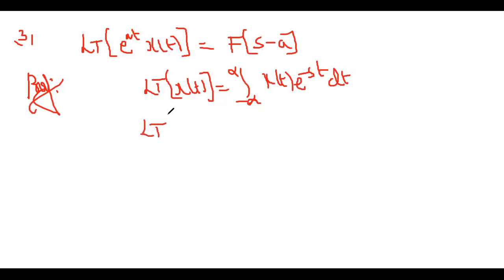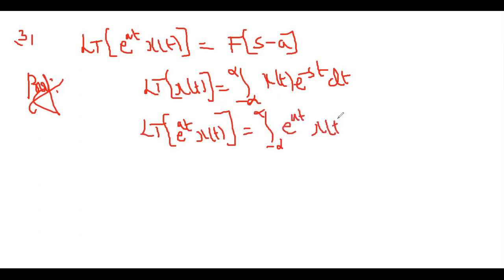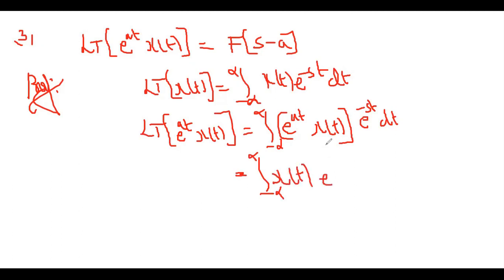Instead of x of t, I'm taking e power at x of t, which is equal to the integral from minus infinity to infinity. Substitute e power at x of t as the signal here, e power minus st dt. That is equal to the integral from minus infinity to infinity of x of t e power, taking the common term, minus (s minus a) into t dt.